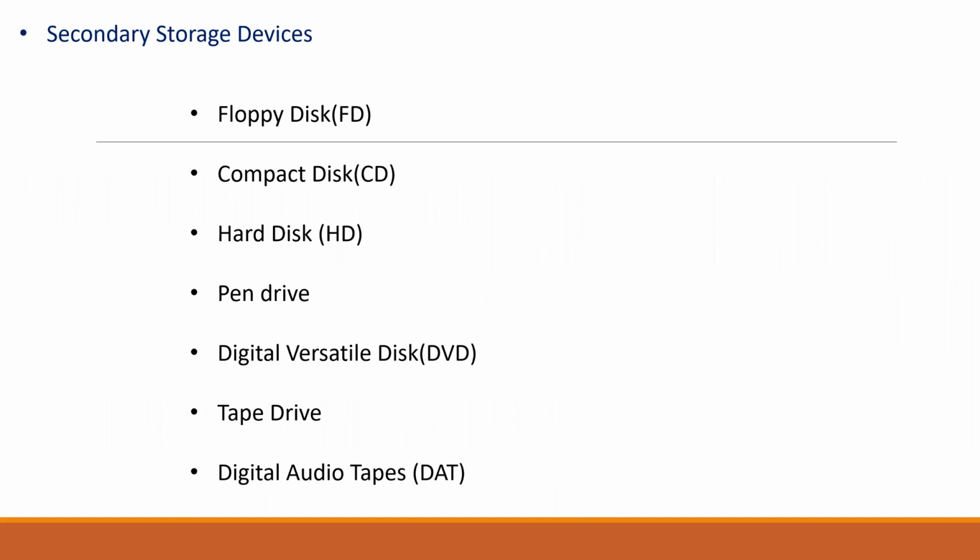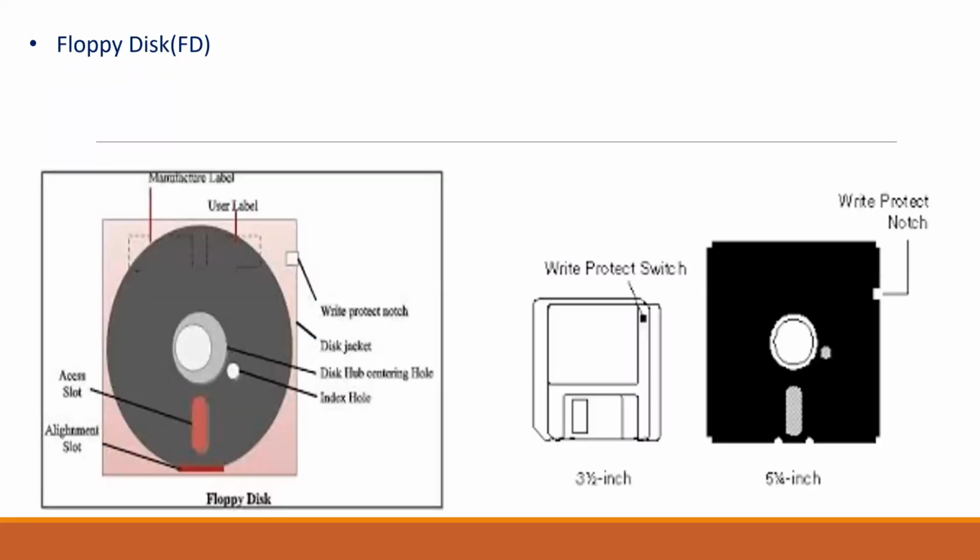So these are the secondary storage devices: floppy disk, compact disk, hard disk, pen drive, DVD, tape drive, and digital audio tapes. The first is the floppy disk. See the figure for the floppy disk.